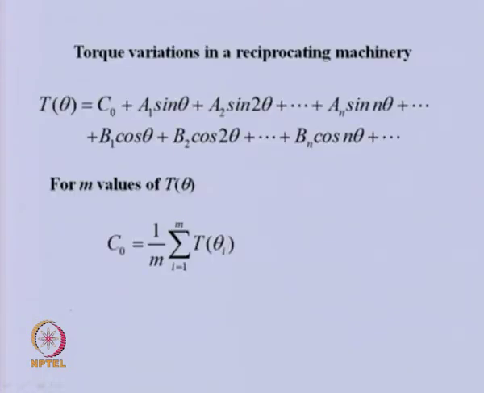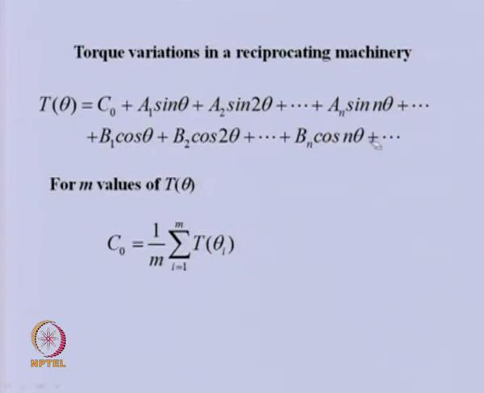For that particular case, let us say this is the torque variation in the reciprocating engine machinery. Obviously, the torque varies with the angular displacement of the crank. Because it is periodic, we can write it in the form of a Fourier series, in which we have a constant term and sine and cosine terms.